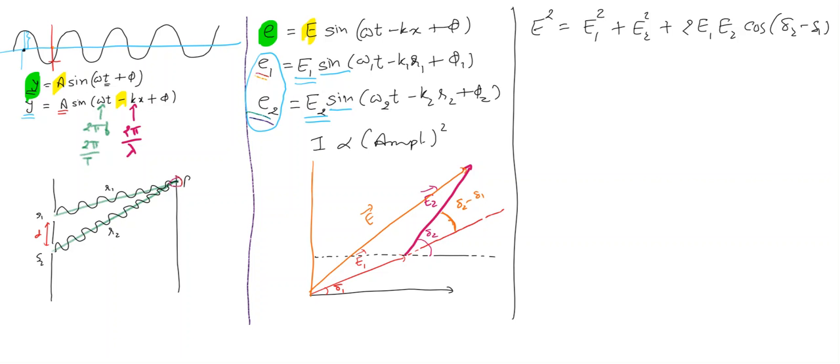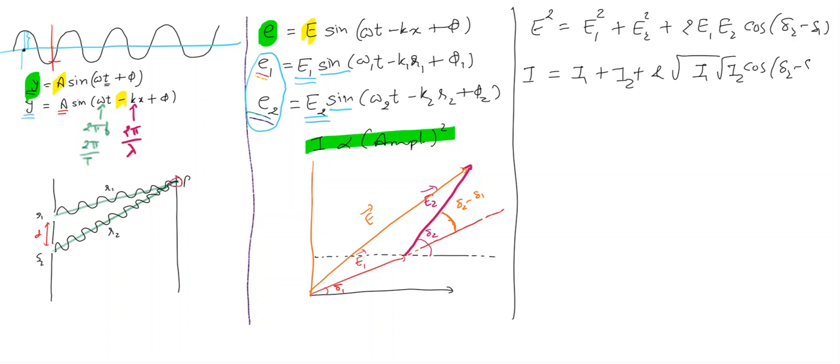The angle between E1 and E2 is what we want. But we also know that intensity is the square of amplitude, so I can replace E square with I. So I is equal to I1 plus I2 plus 2 root of I1, root of I2, and cos of delta 2 minus delta 1.